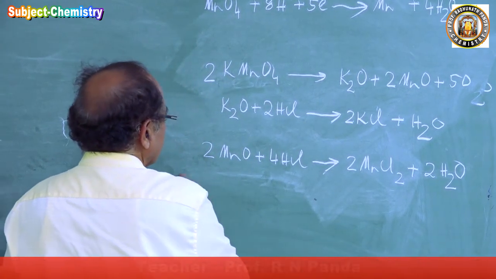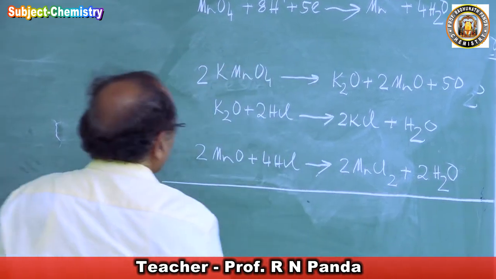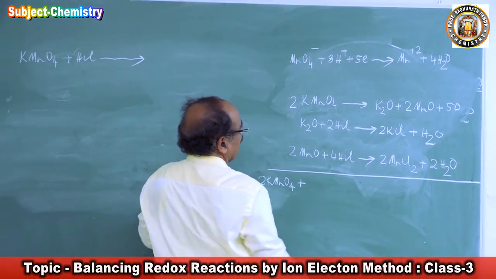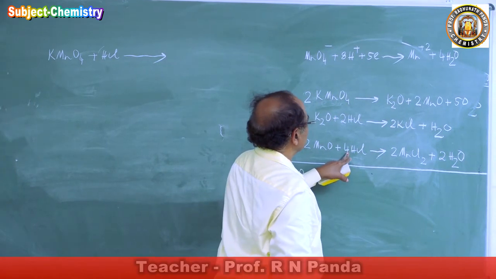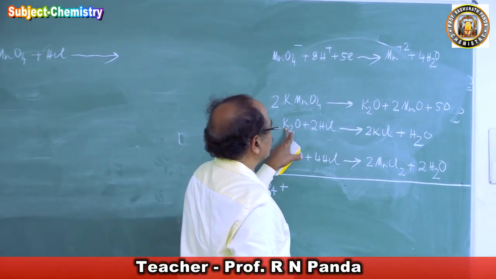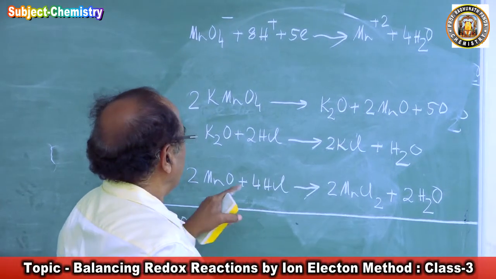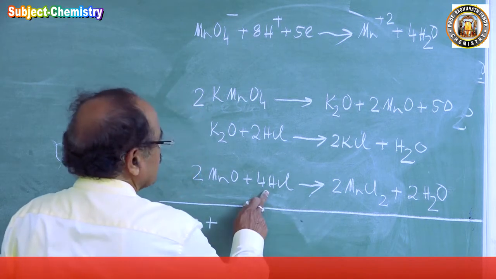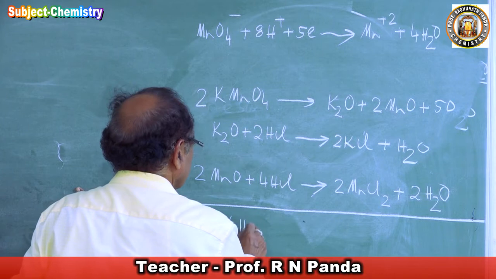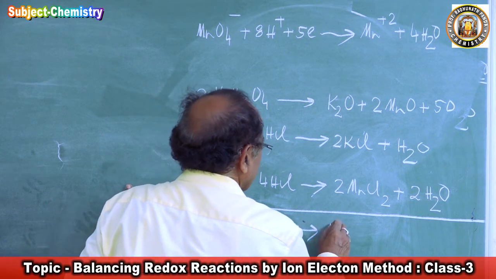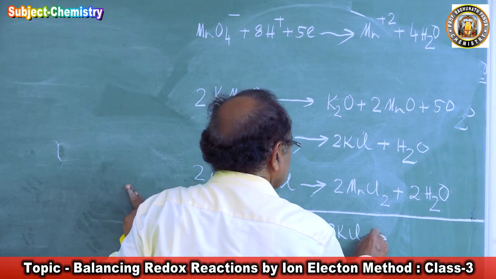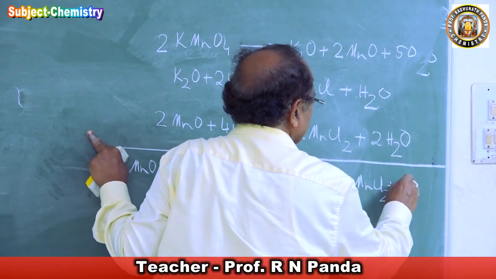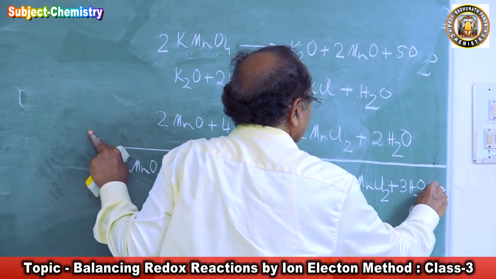So this is the equation for potassium permanganate. 2KMnO4 plus 4HCl and 2HCl, so 6HCl, will form 2KCl plus 2MnCl2 plus 3 water plus 5O.